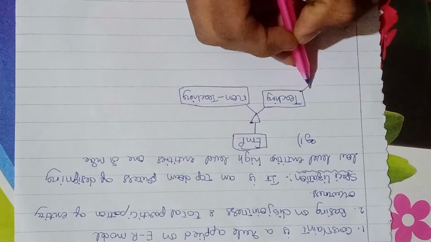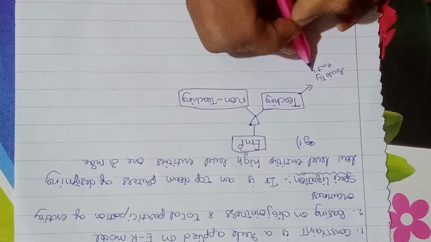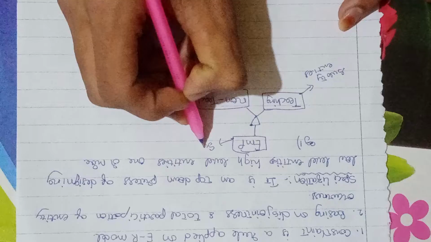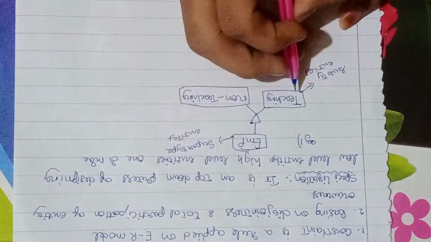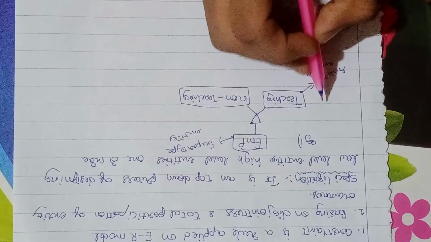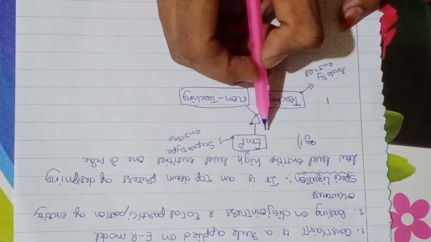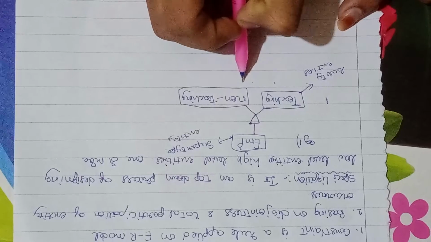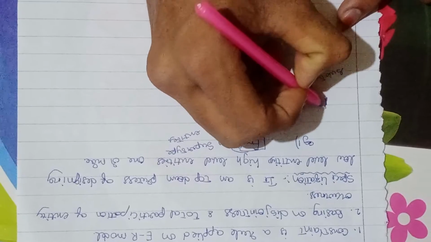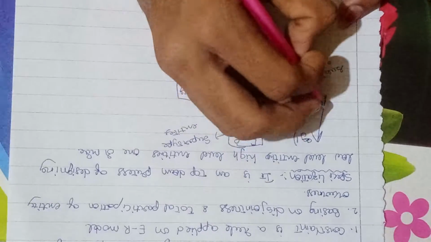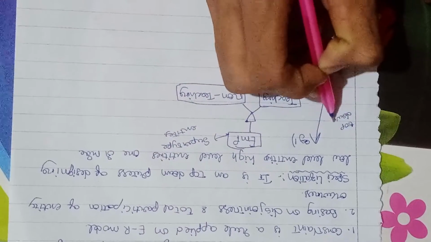These are called subtype entities, and this is called the supertype entity. Specialization goes top down, from high-level supertype entities to low-level subtype entities. It is a top-down process.